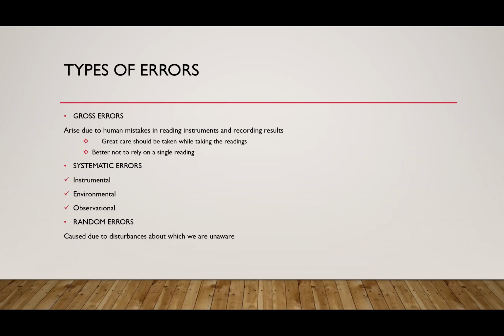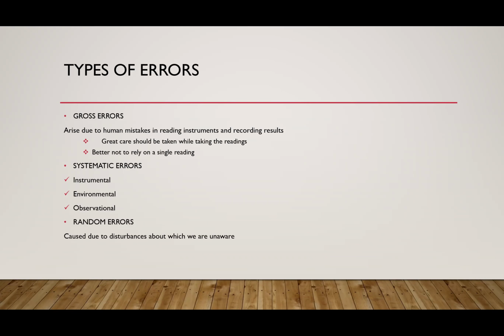What you read was actually 8.50, but by mistake, when you were recording it, you wrote 8.05. So that is a gross error. That is due to a human mistake. You are reading something else, but you are recording something else. Okay, in this particular case, the best possible thing to do is have multiple readings or cross-check your readings multiple times. That can give you a correction for the gross errors if they have by mistake come into the recording of the results that you have made. Then there can be systematic errors or there can be random errors.